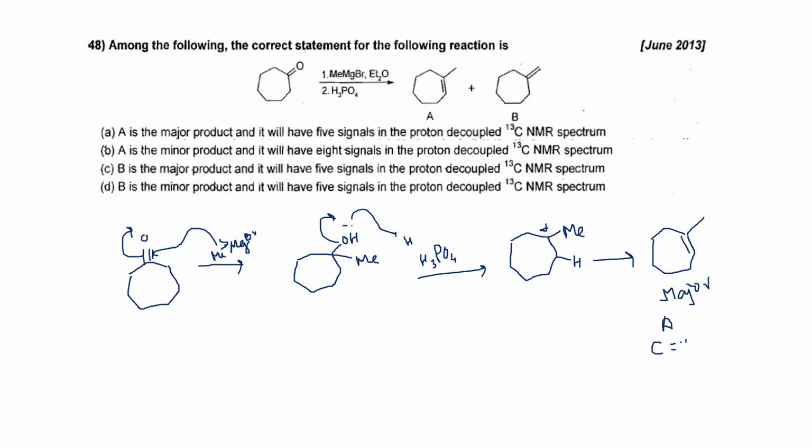There is no such option like this, whereas the minor is this one. The number of carbons is 8. So B minor with 8.